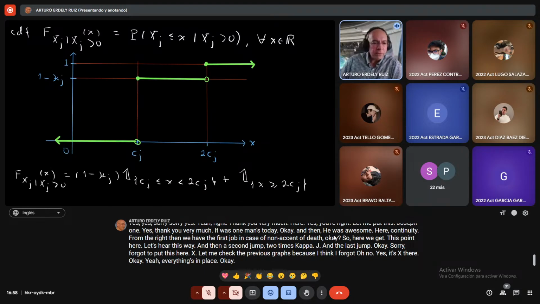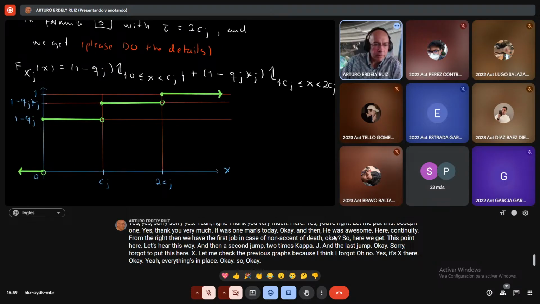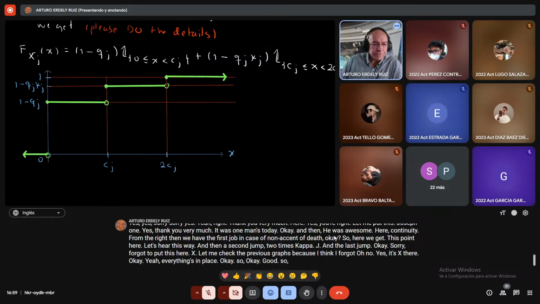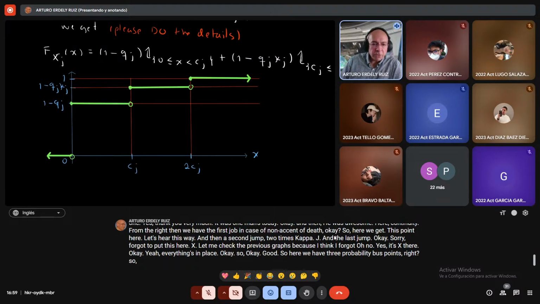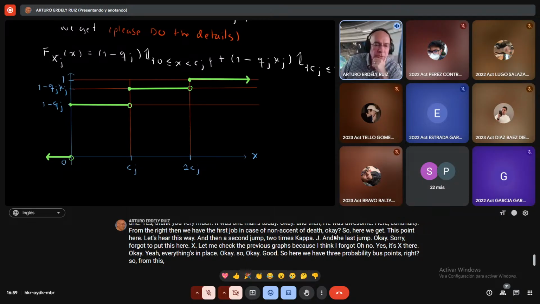Okay, good. So here we have 3 probability mass points, right? So from this formula, then we can get the PMF of Xj, right?